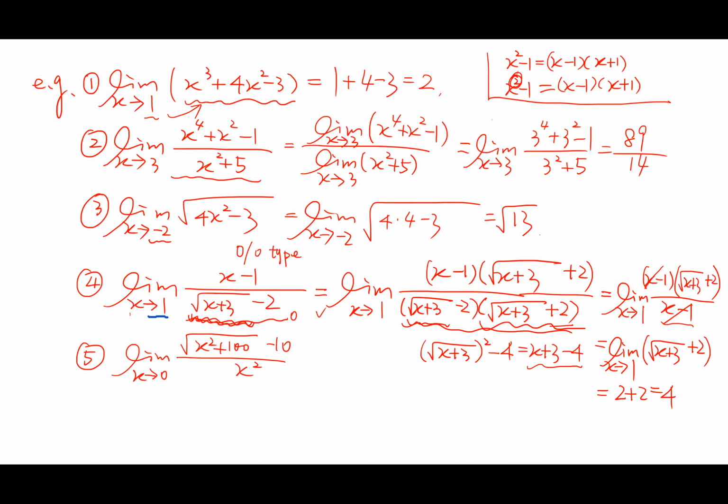Yes, I can understand right here. Because we have the same factor, x minus 1, so they can be cancelled. Because here we product the same factor.